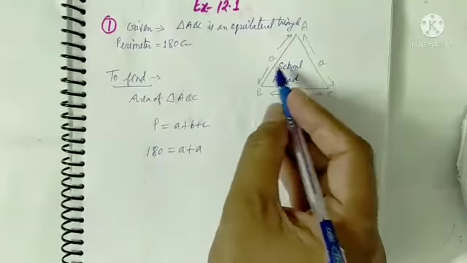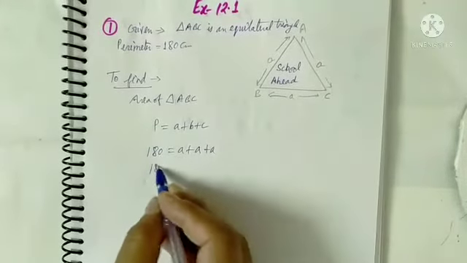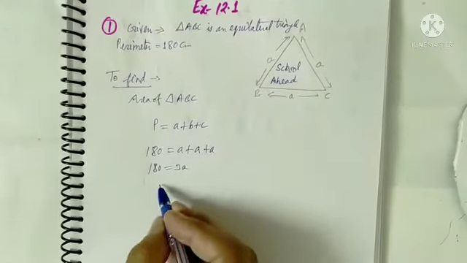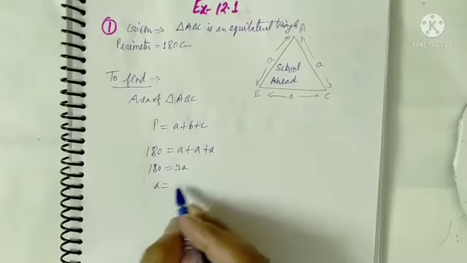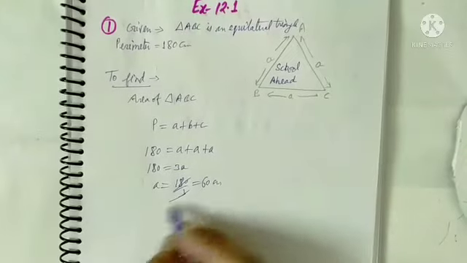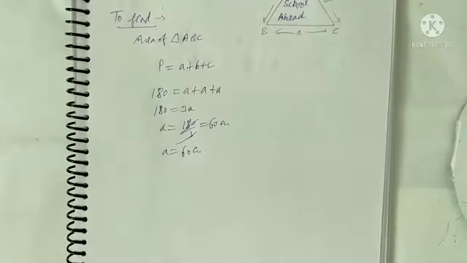So A plus A plus A means 3 times A. It means 180 is equal to 3A. The 3 will go down and divide 180. Then A is equal to 180 upon 3, which is 60 centimeters. So the side of the triangle is 60.